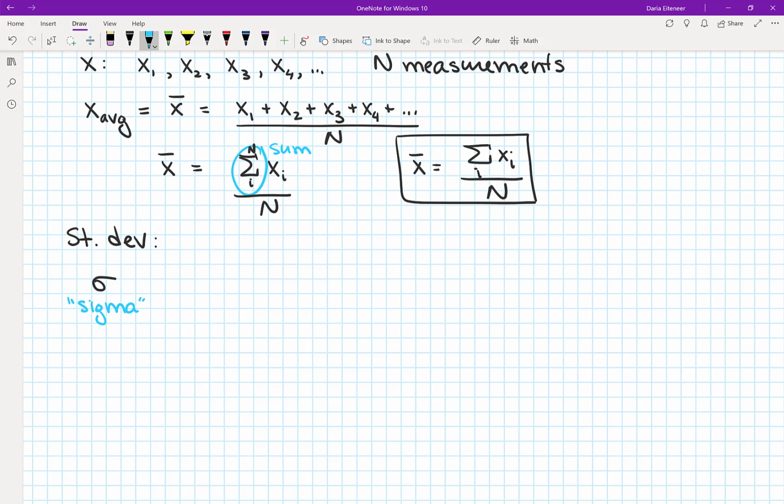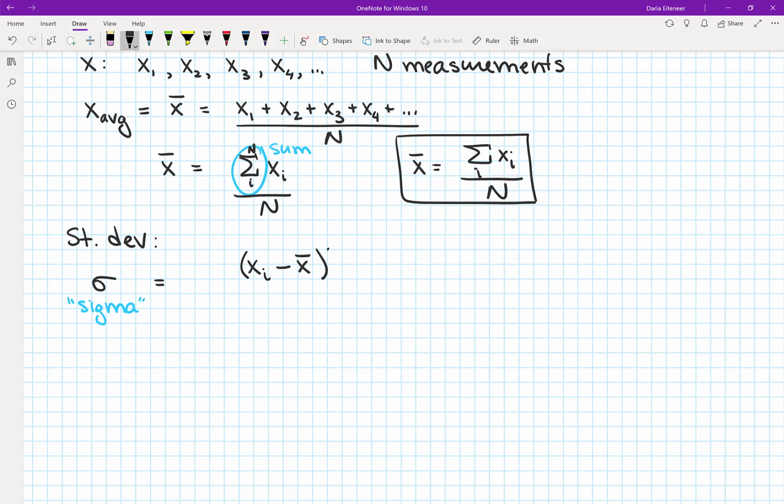The way that we're going to do it is we're going to take each value, right? So we have our n measurements. Taking x with a subscript i, any one of those measurements, we're going to subtract the average value from that measurement.